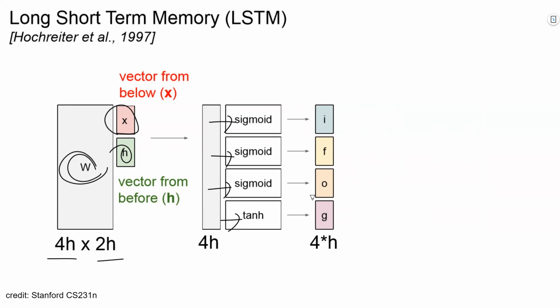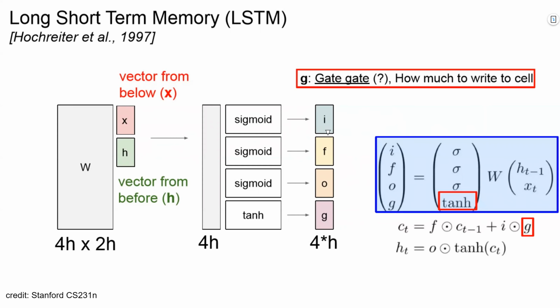And then we get 4 gates. And this G is called gate gate. It's somewhat ridiculous. However, it determines how much to write to the cell.